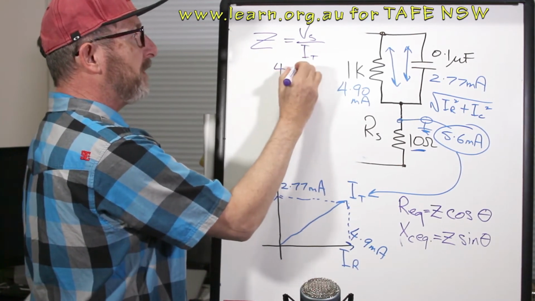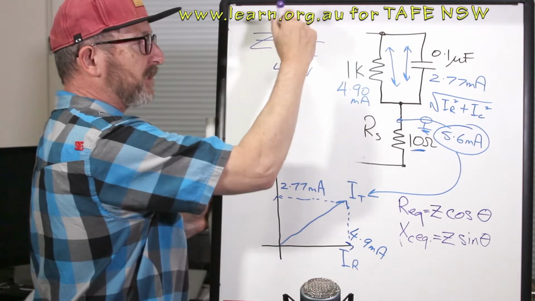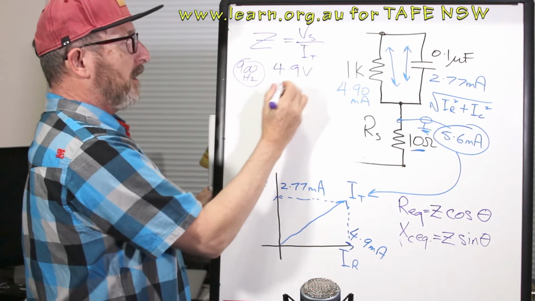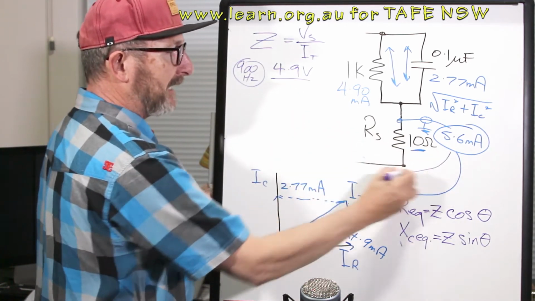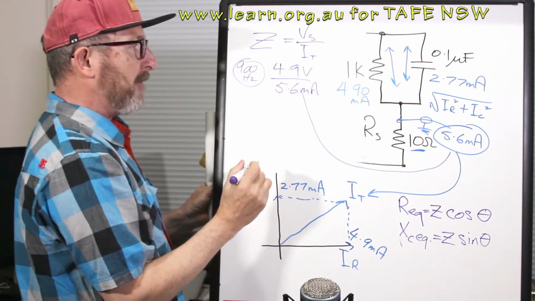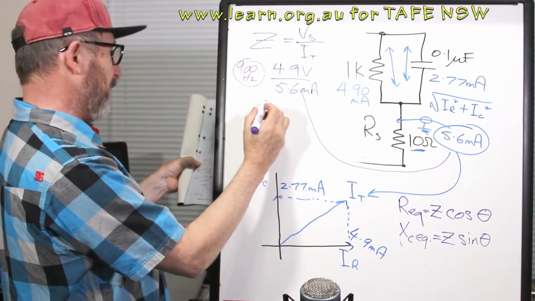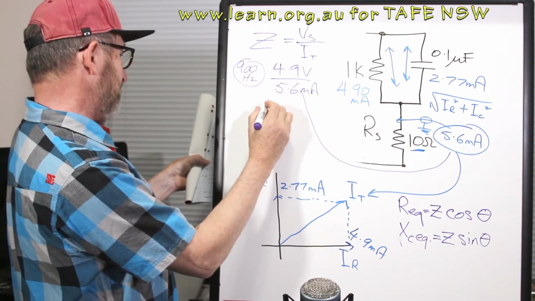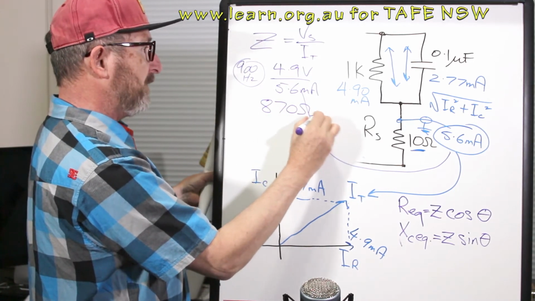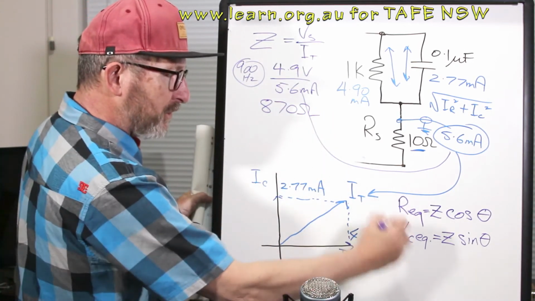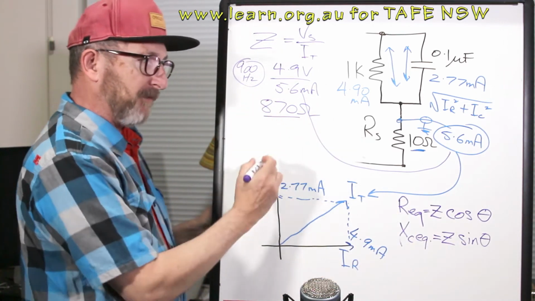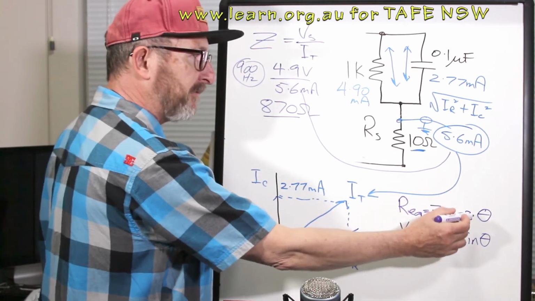We had 4.9 volts of source voltage at 900 hertz, 4.9 volts divided by 5.6 milliamps, and that gave me an impedance of 870 ohms. So using these equations, I have to take that impedance and multiply it by the cosine of the phase angle.